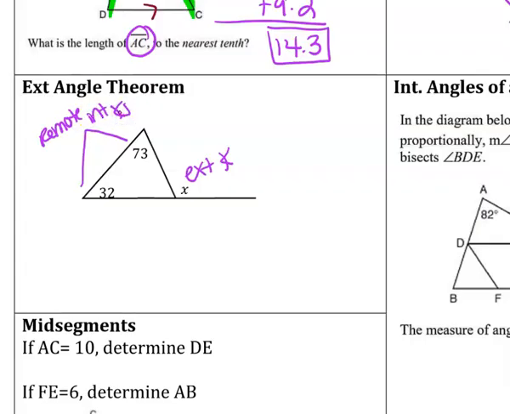Now, you may have a teacher that says non-adjacent interior angles, which is the same thing as remote interior angles, okay? So again, I like to say remote interior angles. They're the angles away from the exterior angle inside the triangle.